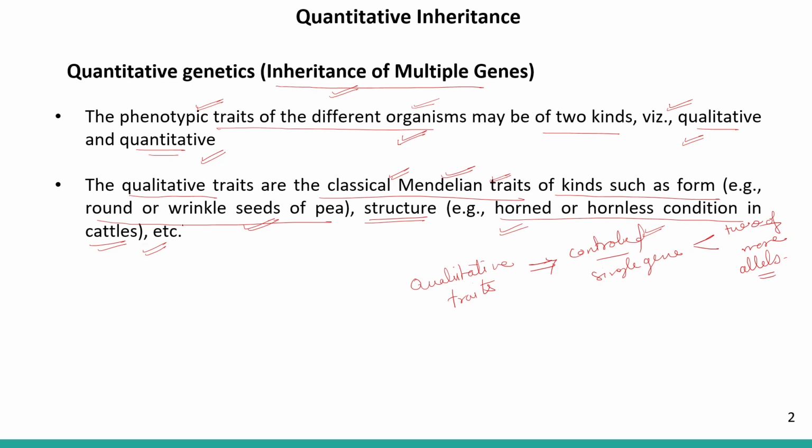In the case of round and wrinkled, we have seen that round is denoted by capital R. If we also consider the seed color, suppose yellow, round, it is denoted by capital R, and wrinkled will be denoted by small r. So in this case, there is a single gene, and it has two alleles, capital R and small r. This is one example of qualitative traits.